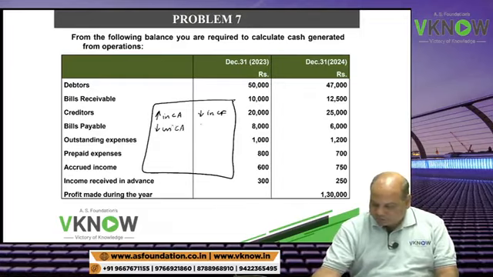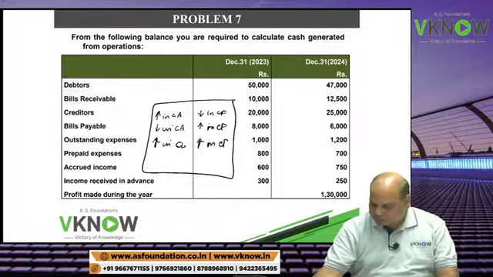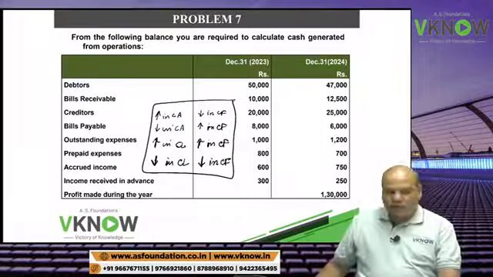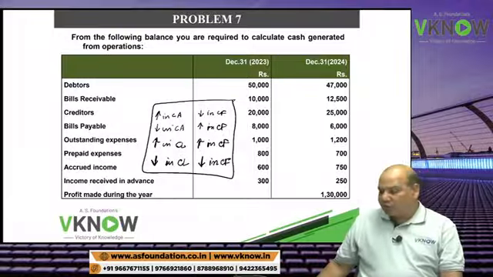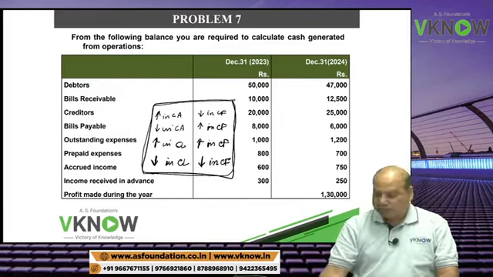Decrease in current asset, increase in cash flow. Increase in current liability, increase in cash flow. And decrease in current liability, decrease in cash flow. The logic was explained in the first lecture, and four examples were dictated to understand this. So just keeping this in mind, we will solve the problem.